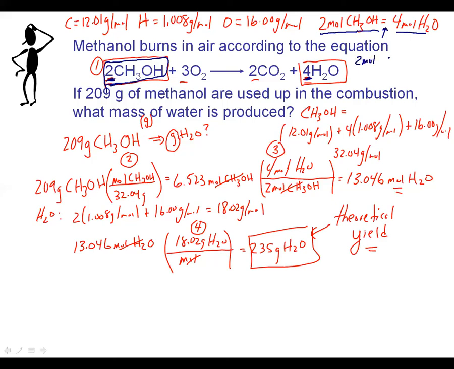You could write that there are 2 moles of CH3OH over 4 moles of water. Or you could write the opposite conversion factor, 4 moles of water, which I think is the one we used, over 2 moles of CH3OH.